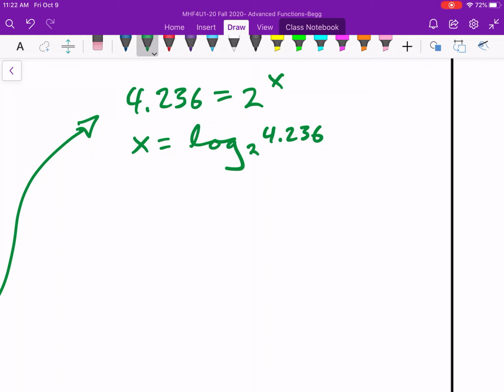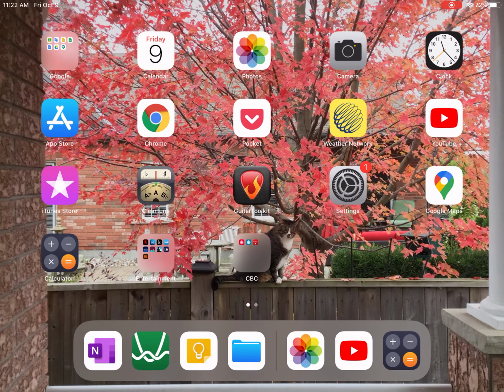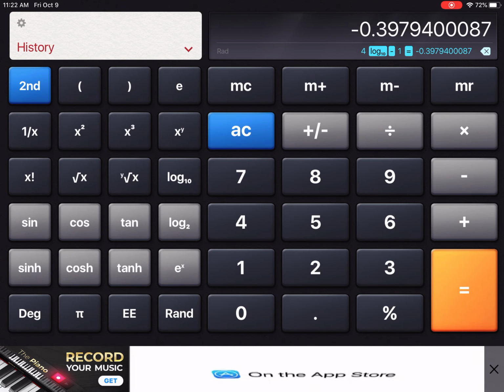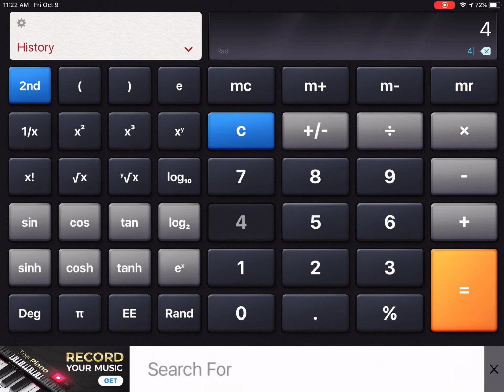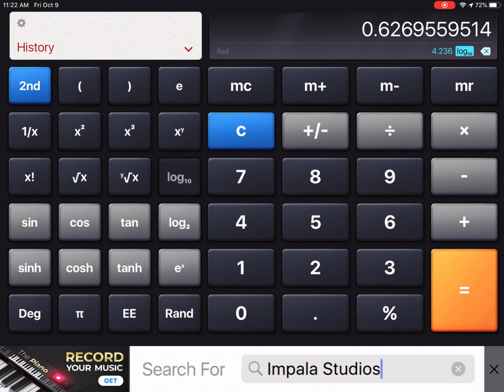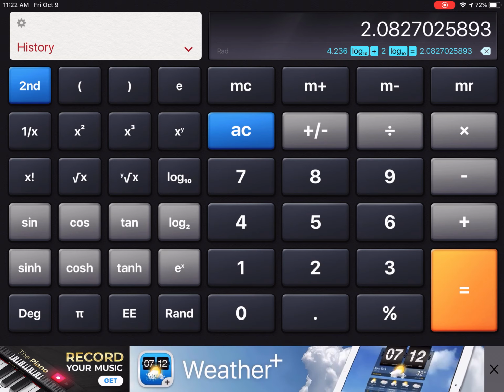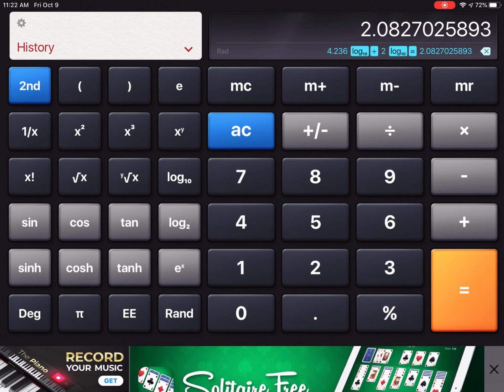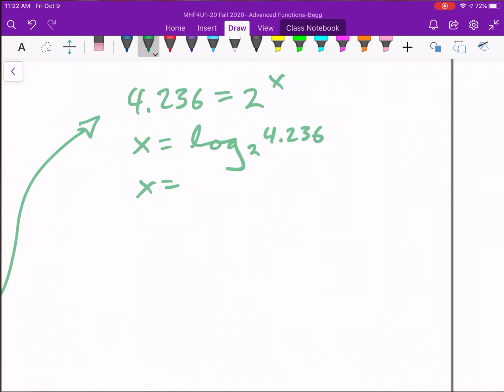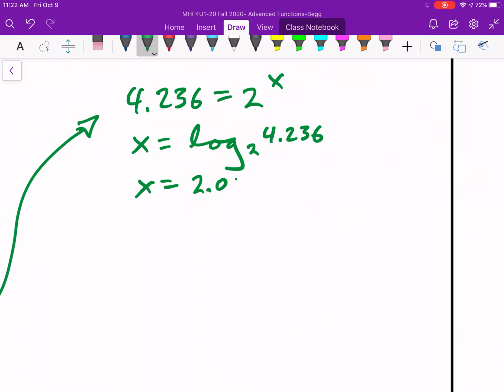And then I can use my change of base formula and just do the log of 4.236 divided by the log of the base, which was 2, and I got 2.0827 and so on. But let's round to 2 decimal places. So that's great, there's one of our solutions.